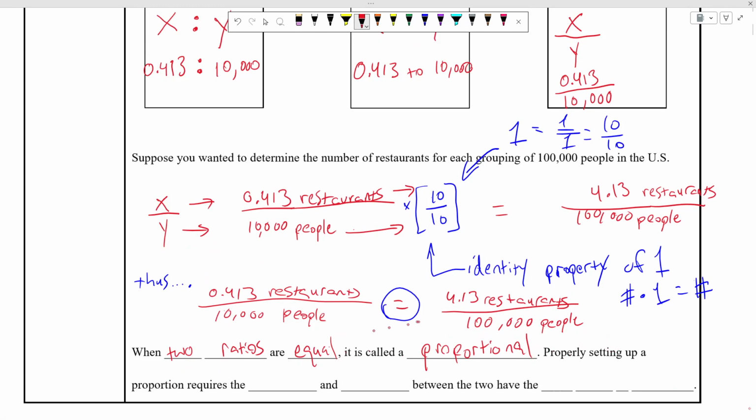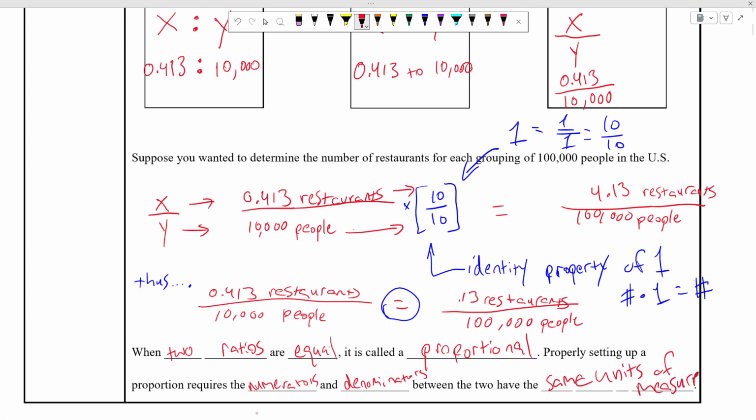Properly setting up a proportion requires the numerators and denominators between the two ratios to have the same units of measure.